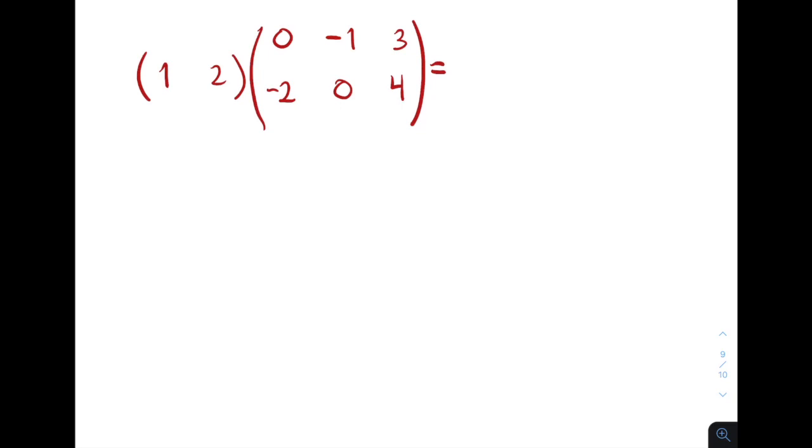Let's do one more example. Let's do 1, 2, the 1 by 2 matrix, times the 2 by 3 matrix of 0, negative 1, 3, negative 2, 0, 4. This is a 1 by 2 times a 2 by 3. So the multiplication is defined. The result will be a 1 by 3.